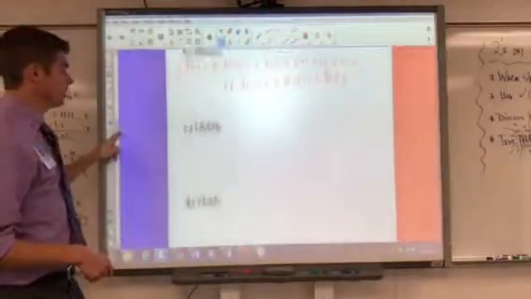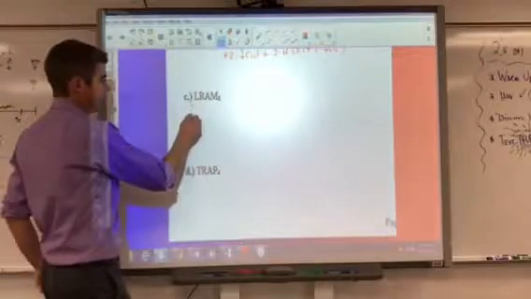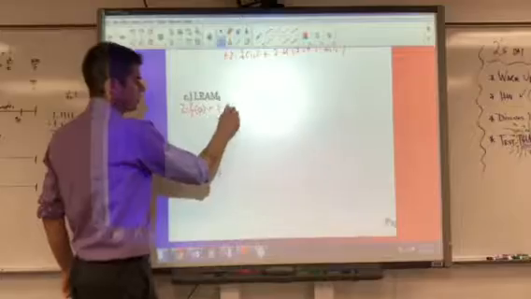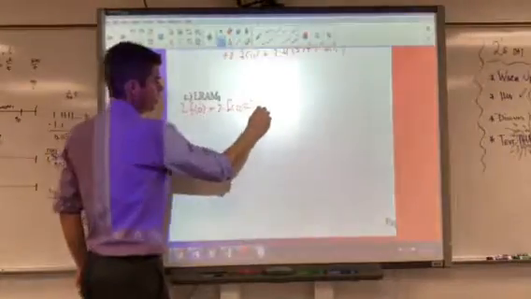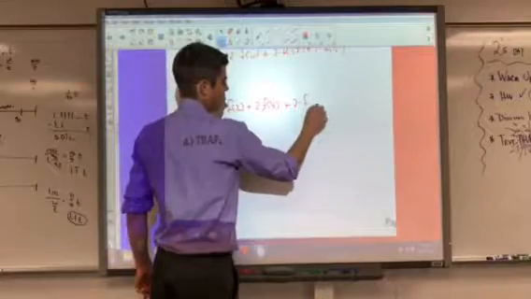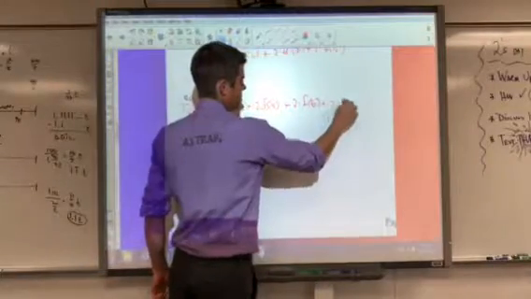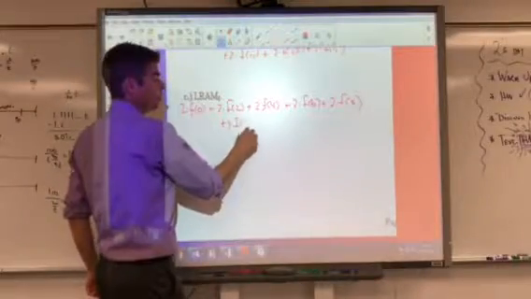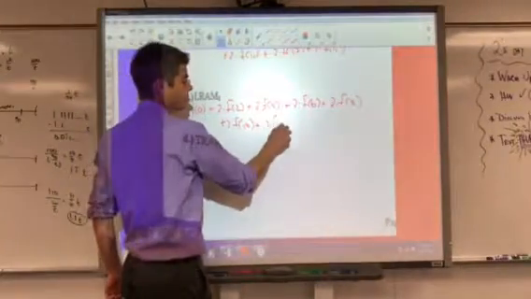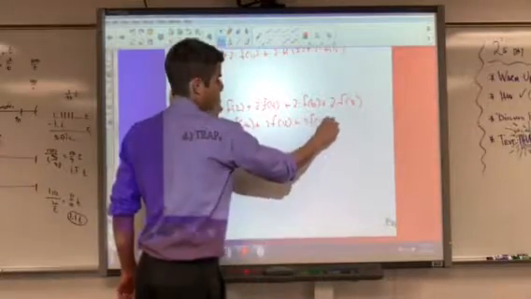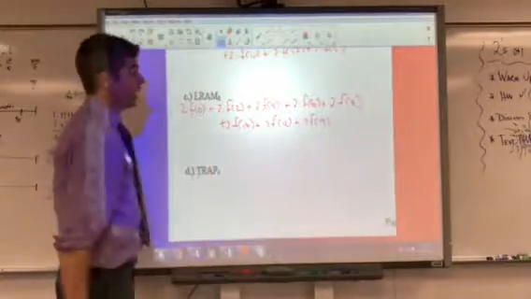So that would look something like 2 times f of 0 plus 2 times f of 2 plus 2 times f of 4 plus 2 times f of 6 plus 2 times f of 8 plus 2 times f of 10 plus 2 times f of 12 plus 2 times f of 14, because we've picked the left side of that rectangle.